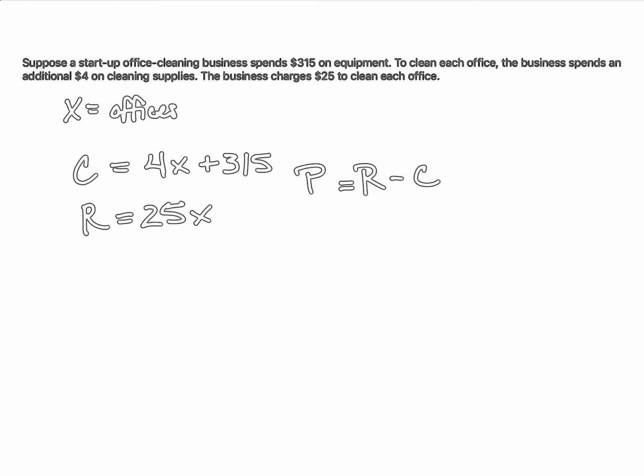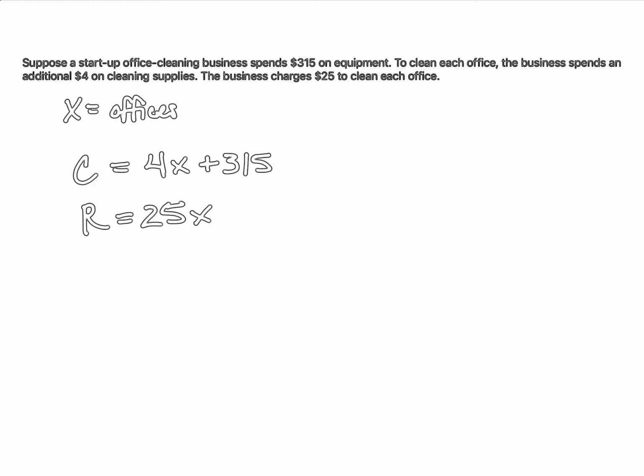So now, first of all, these are our equations. The cost is going to be 4 times X, so $4 for cleaning supplies times however many offices we clean, plus $315 for the spending.